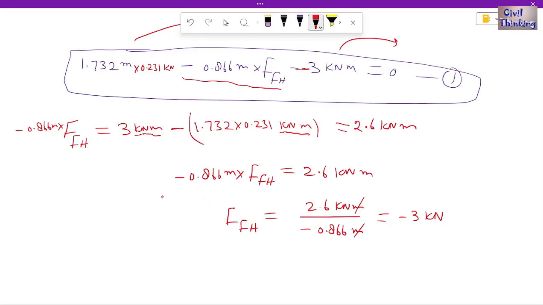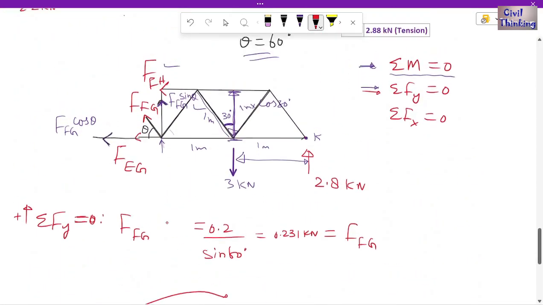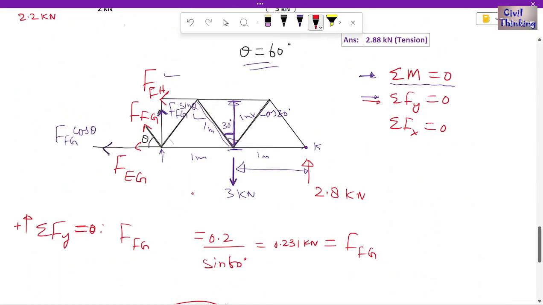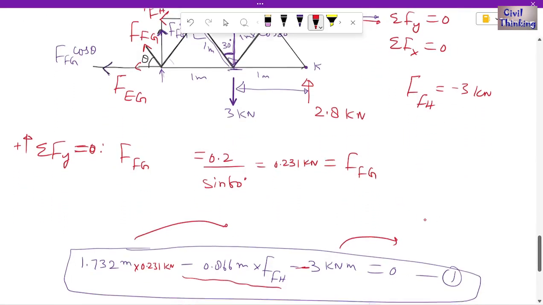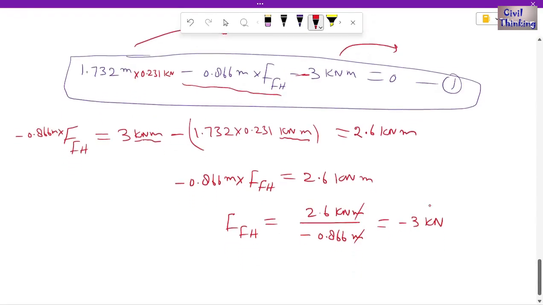Okay, let me write here, force in FH is negative 3 kilonewton. Negative means this is not in tension, it is basically in compression. Okay, let me write what we found.